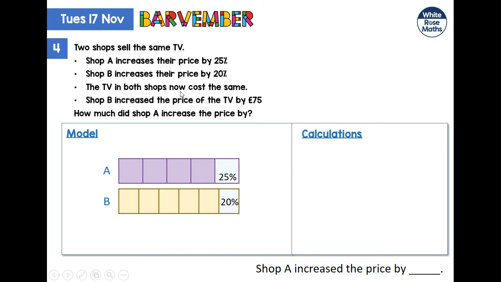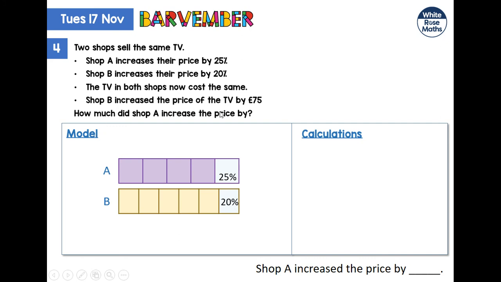And the TV in both shops now cost the same. So there's our language clue, costs the same, that these two bars now need to be equal. And if you've worked in pencil, then you can go back and adjust the lengths of your bars so that you've got 5 equal parts here and 6 equal parts here, but those 2 bars are the same. So they're the same length, and they must be the same length in your model.